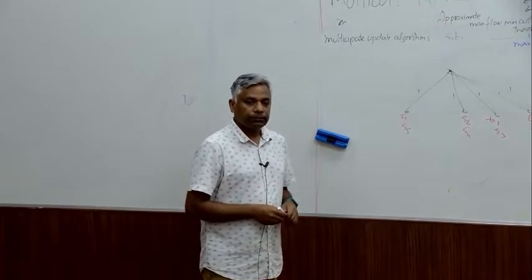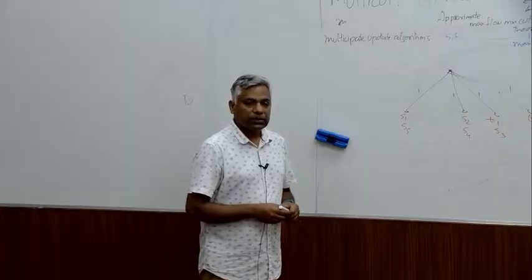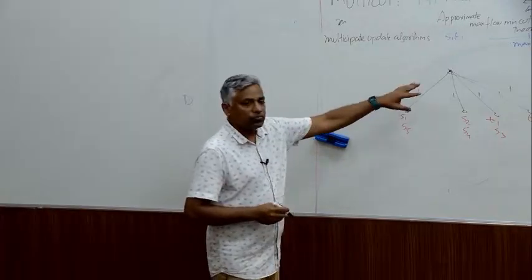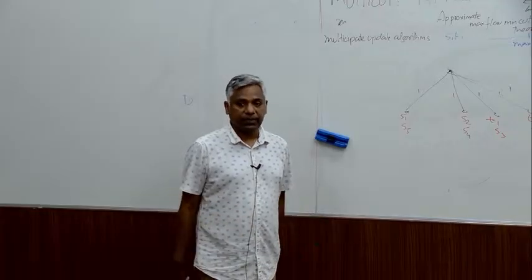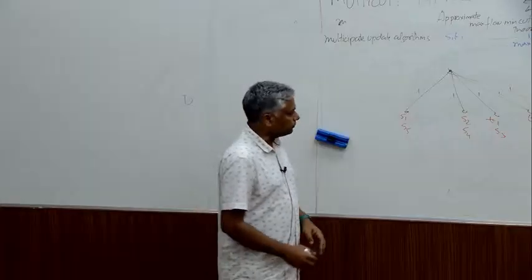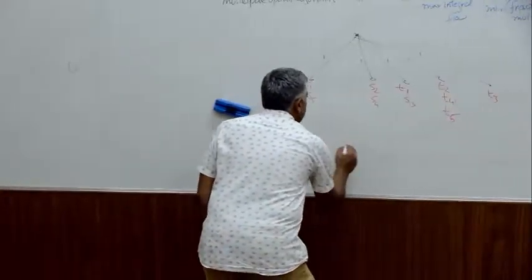Okay? What's the minimum multi-cut in this? Basically, I need to remove some edges, so that every pair gets separated. Okay. Let me make a graph on these 5 nodes.